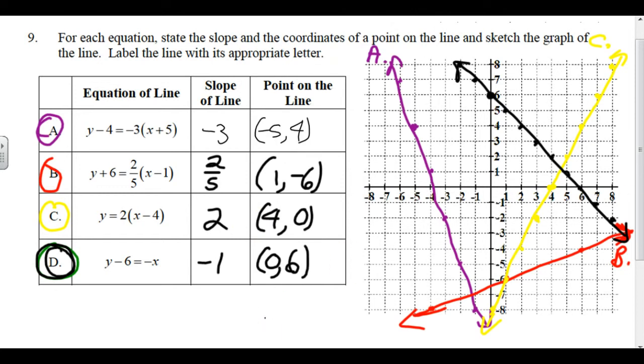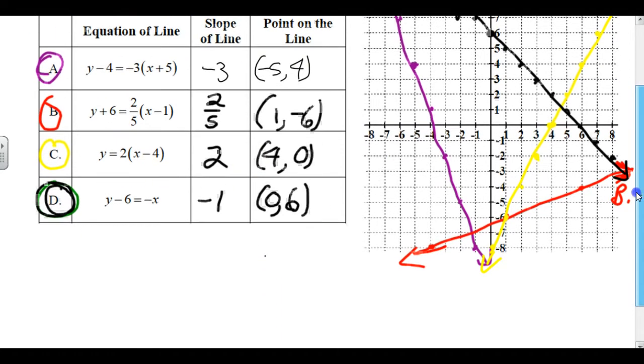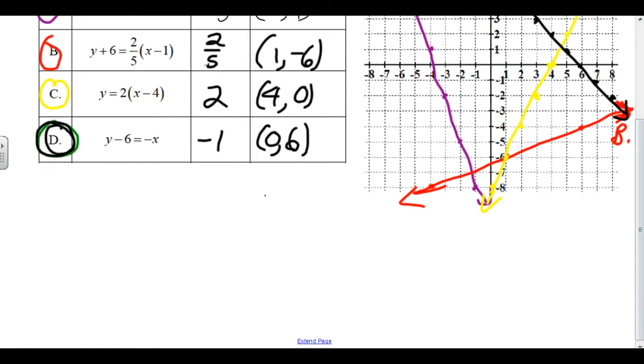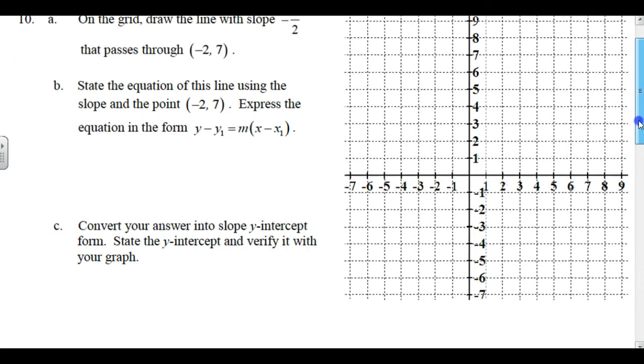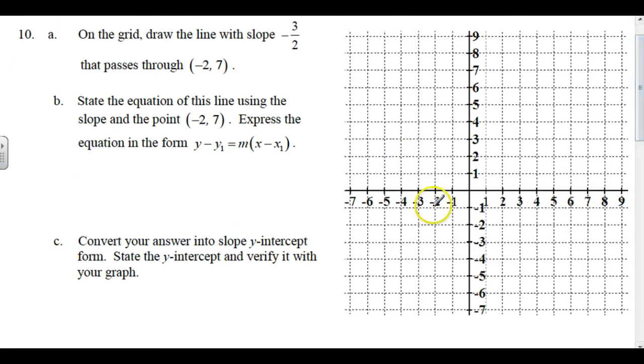So that was drawing the line given the equation of the line, just using the slope and a point on the line to help us draw it. On the grid, draw the line with a slope of -3/2 that passes through -2, 7. Okay, well, we've been doing a bunch of these, so let's use blue. We haven't used blue. -2, 7.